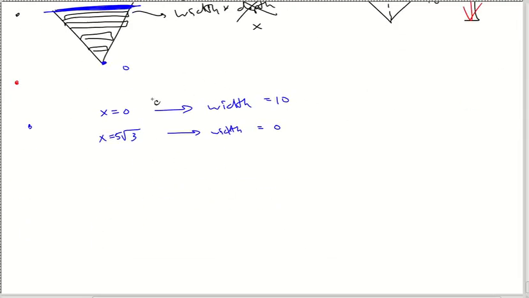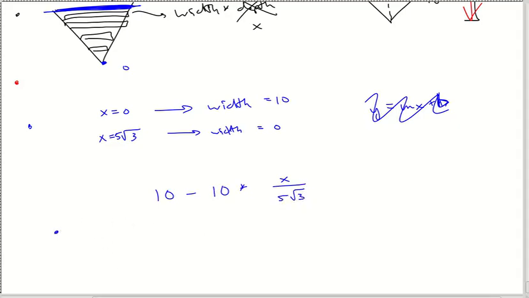And what we actually are creating here is an x and y kind of coordinate system. And you can find the line. I'm not kidding you, it's basically this y equals mx plus b kind of thing in order to find all this stuff out. And so you find your slope and blah, blah, blah, and all that stuff. Well, let me give you the answer. It's 10 minus 10 times x over 5 square root 3.